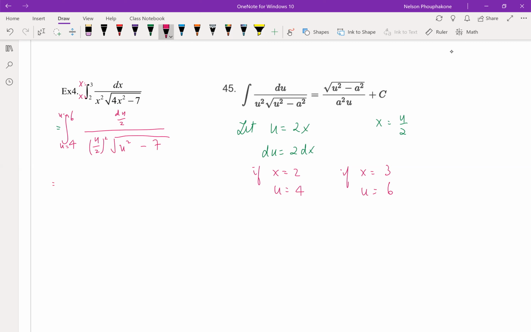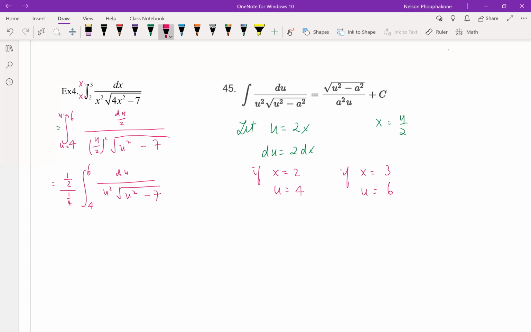So I have 1/2, this is 1/4, so I could take out the one half over 1/4, and then this one is du over u square root of u squared minus 7. Then this is 4 to 6.